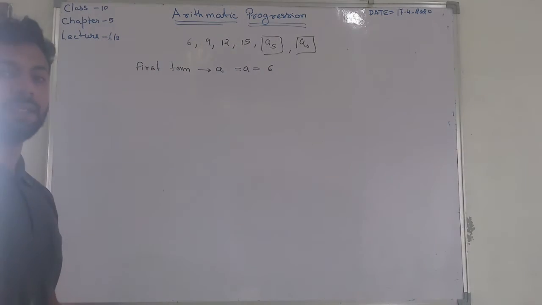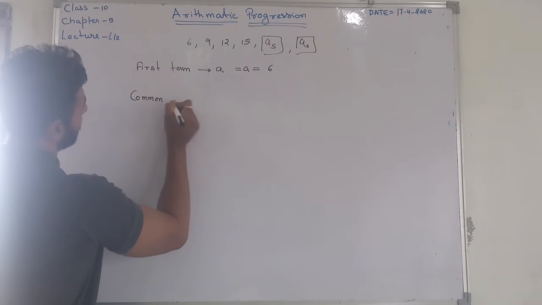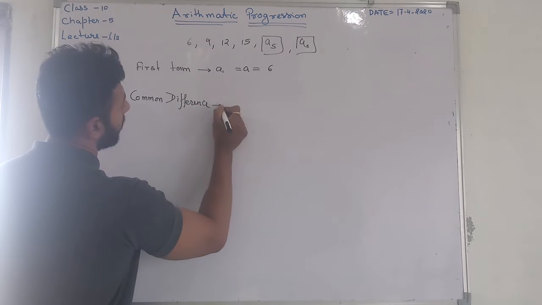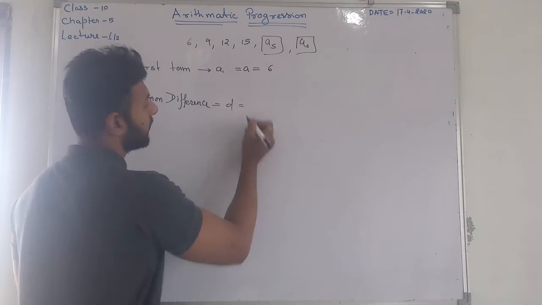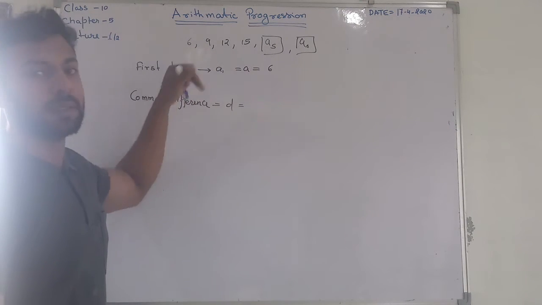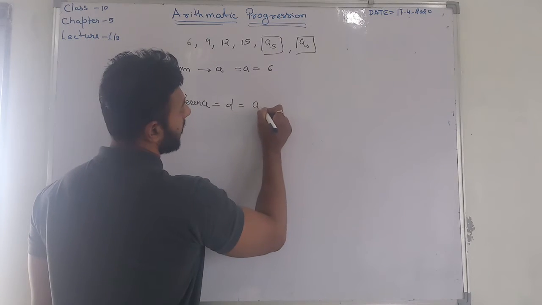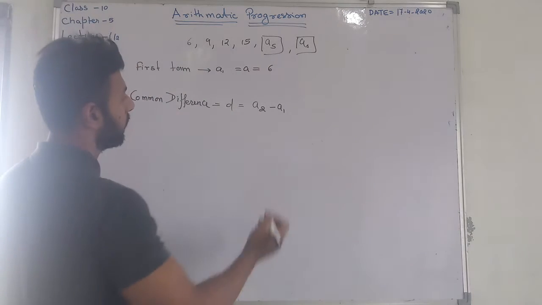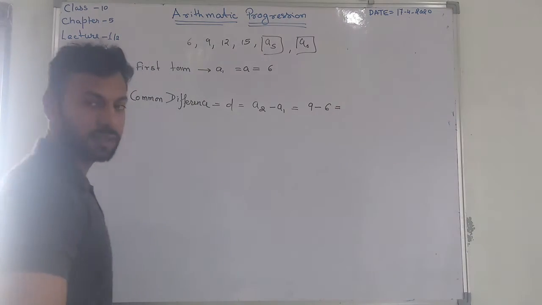Now we have to identify the common difference, which is denoted by D. How can we find it? If we subtract the first number from the second consecutive number, we get the common difference. So A2 minus A1. What is A2? 9 minus 6. 9 minus 6 is 3.